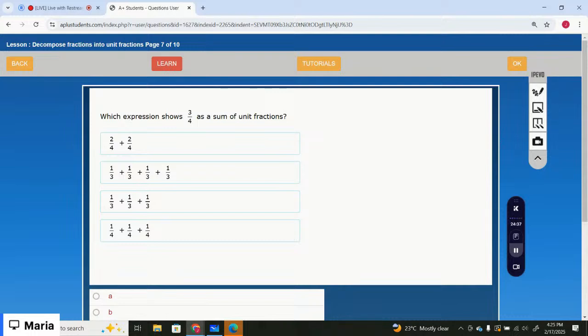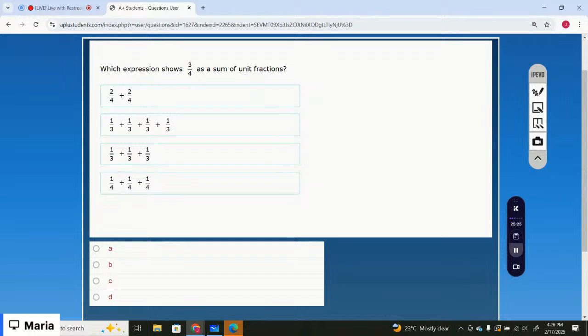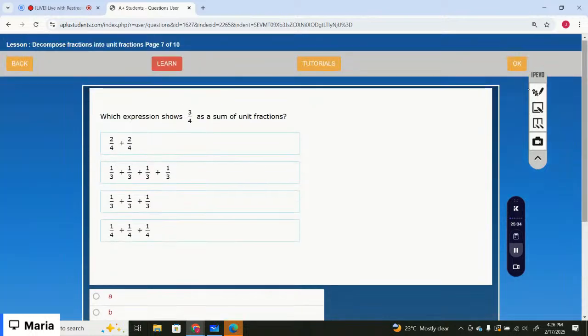So which is the correct option? Option D is the correct option. 1 by 4 plus 1 by 4 plus 1 by 4. That's option D. Very good.